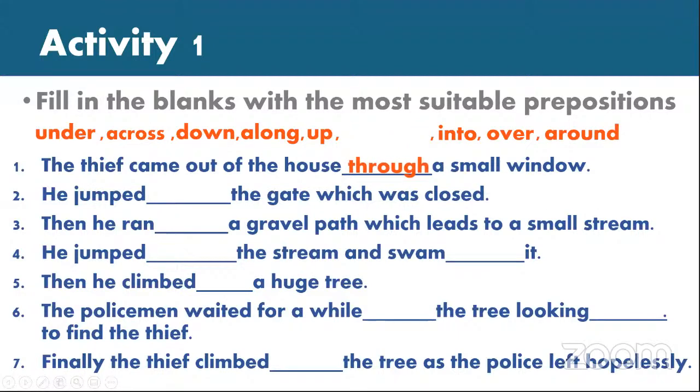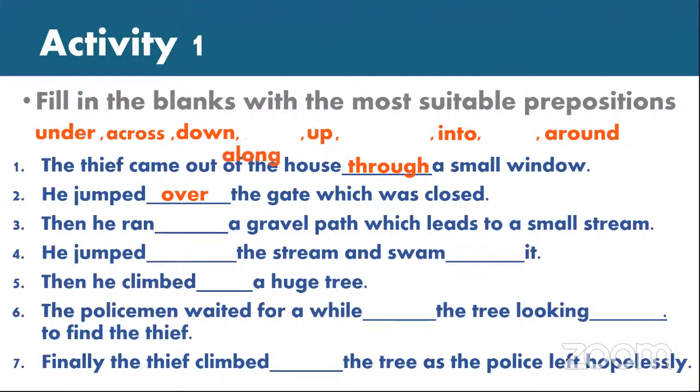The thief came out of the house through a small window. Second one, he jumped over the gate which was closed. As the gate was closed, he jumped over it.